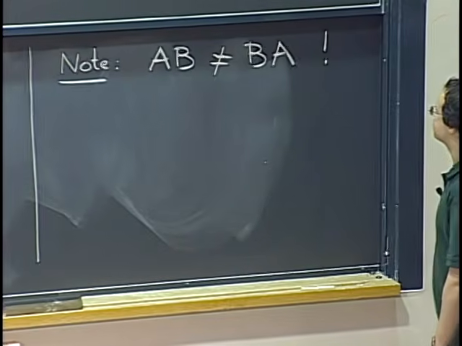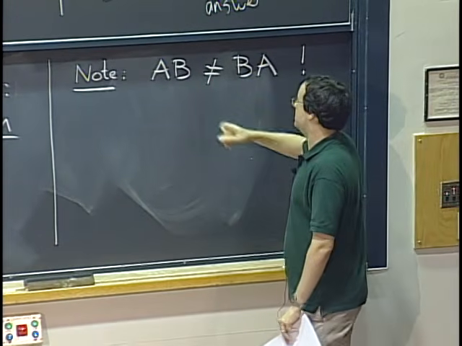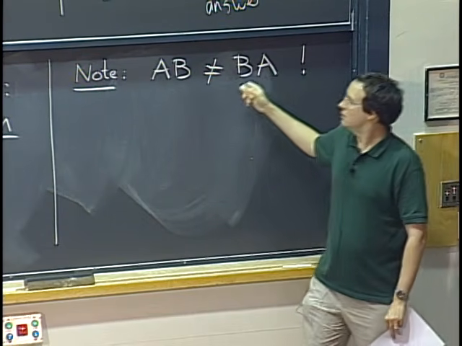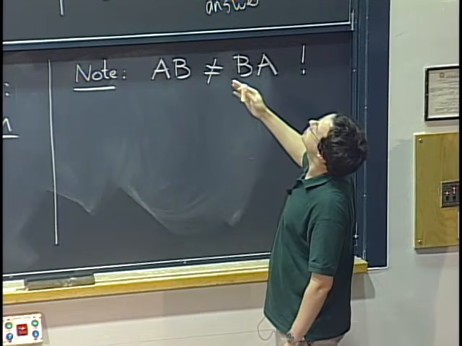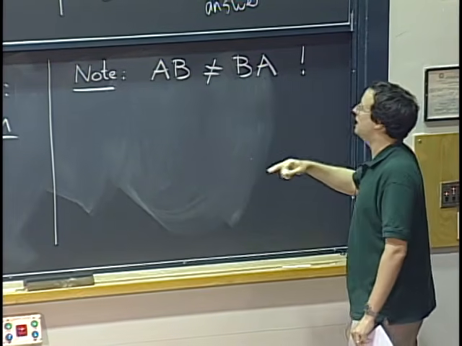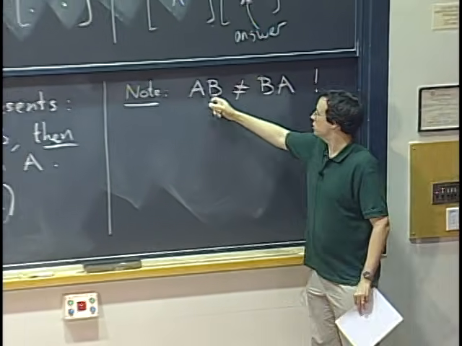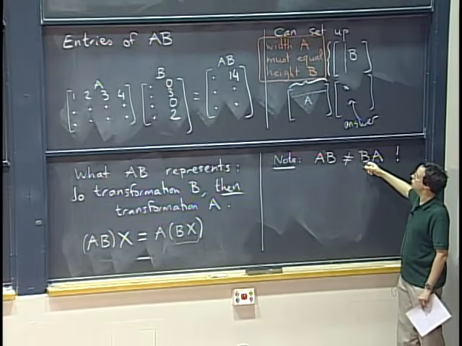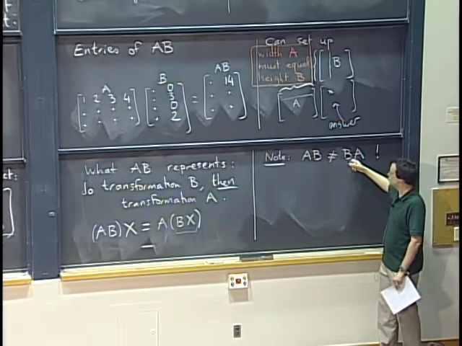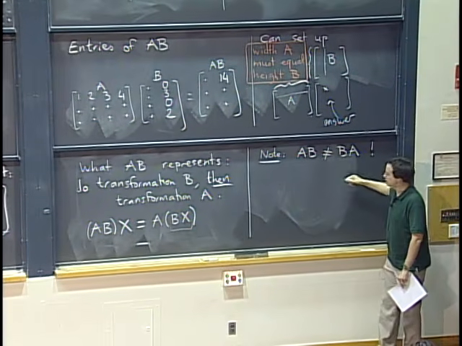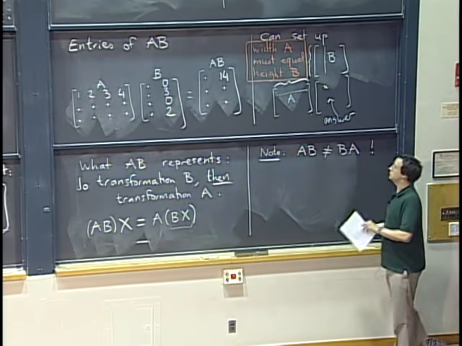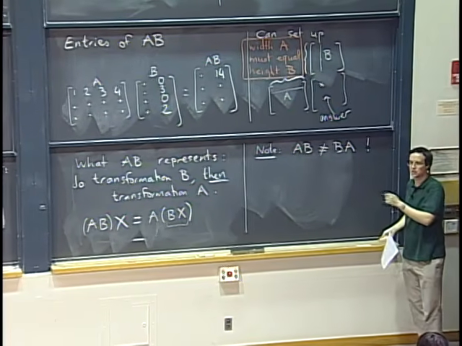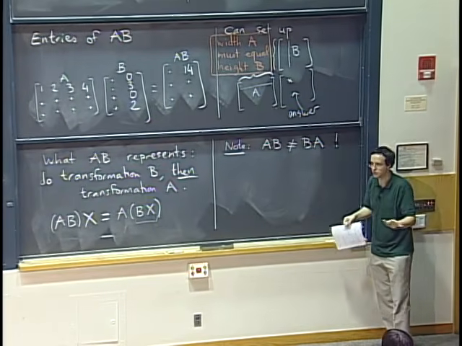Even worse, this thing might not even be well defined, because if the width of A equals the height of B, we can do this product. But it's not clear that the width of B will equal the height of A, which is what we would need for the other one. So the size condition to be able to do the product might not make sense. Maybe one of them doesn't even make sense. Even if they both make sense, they're usually completely different things.